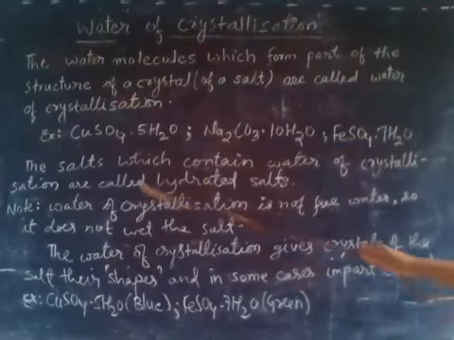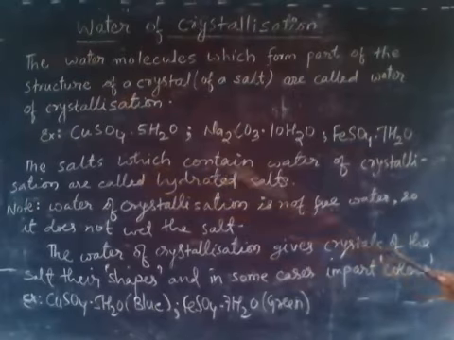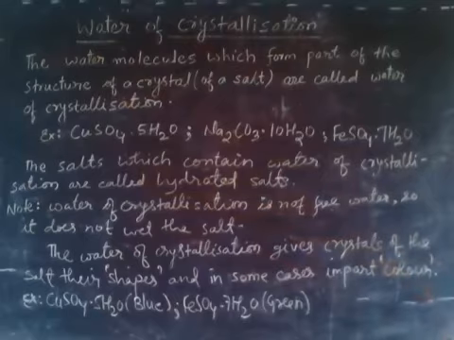So the salts which contain water of crystallization are called hydrated salts. Those salts which have dot H2O with them, either in the form of 5, 10, 12, half, 2. And every hydrated salt has a fixed number of molecules of water of crystallization in its one formula unit.